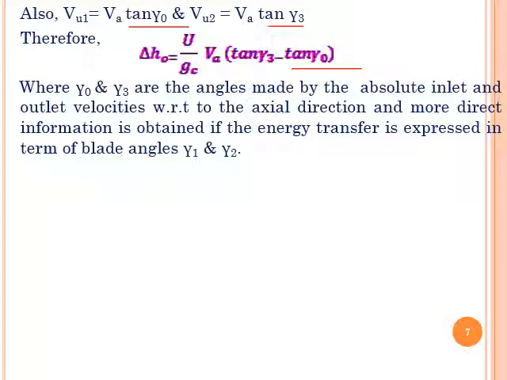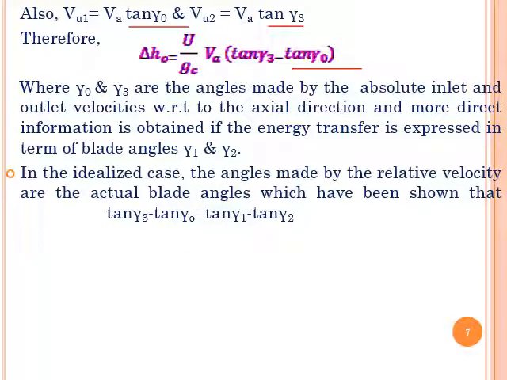So in the idealized case, the angles made by the relative velocity are the actual blade angles, which have been shown that tan gamma 3 minus tan gamma naught is equal to tan gamma 1 minus tan gamma 2. So these are the relations.